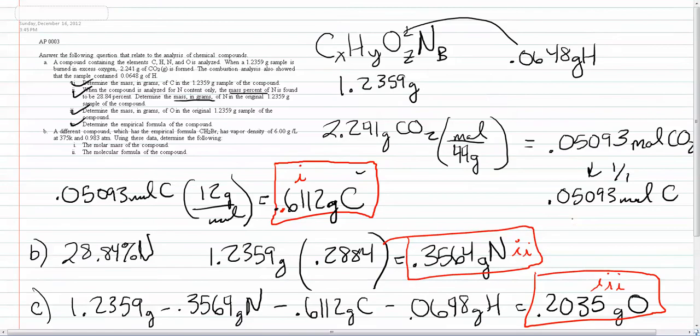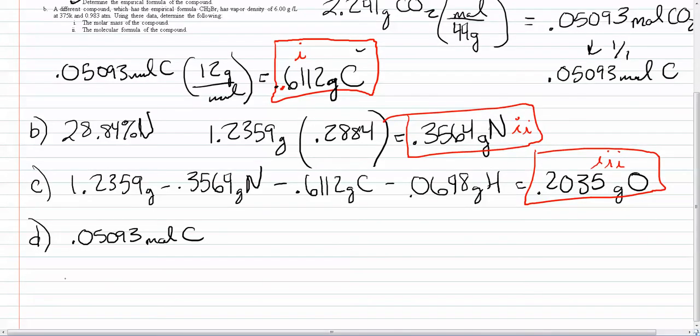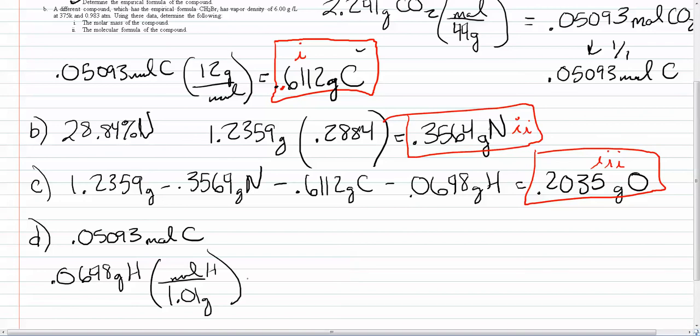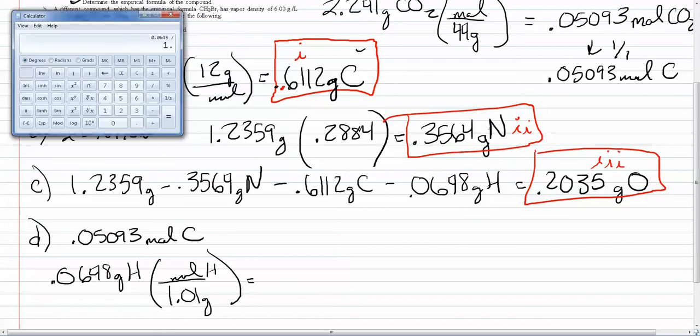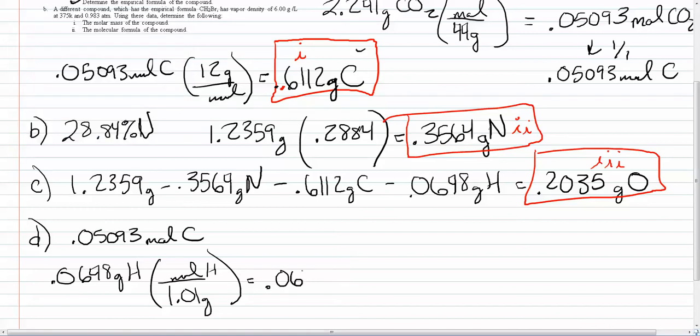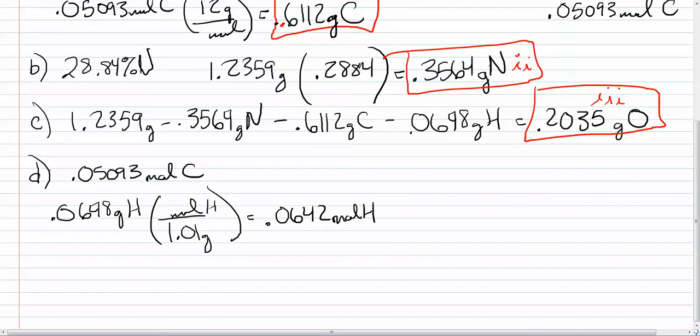We do not know moles of N, O, or H. So let's start with H since it's way up here, 0.0648 grams of H at 1.01 grams per mole of H. So we're going to take 0.0648 divided by 1.01, which is 0.0642 moles of H. Okay.